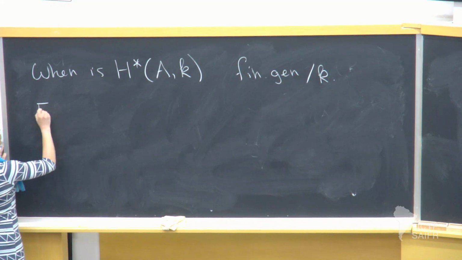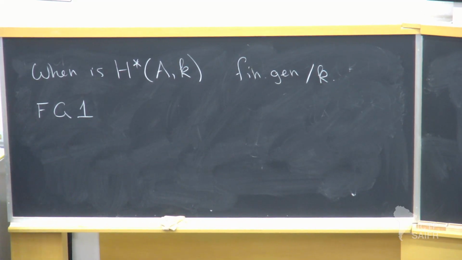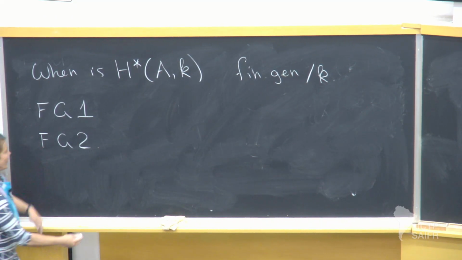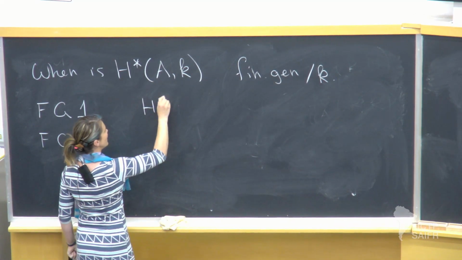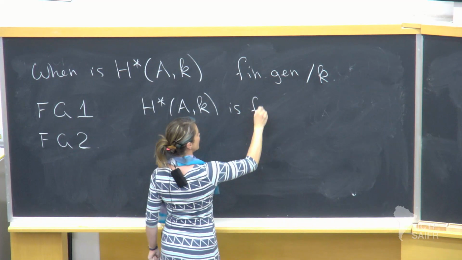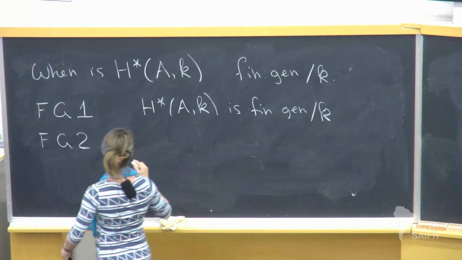There are two conditions to be associated with such an algebra. I'm going to call them finite generation 1 and finite generation 2. And the first one says that it is finitely generated. And the second one actually deals with the modules.